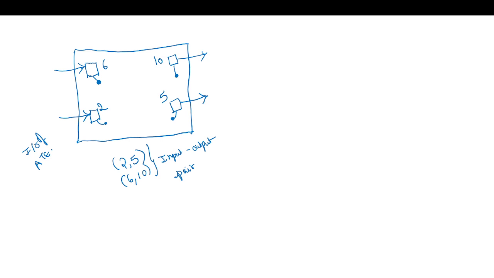So with the IO pair, the path will differ.